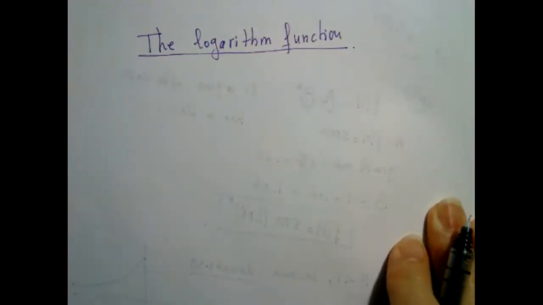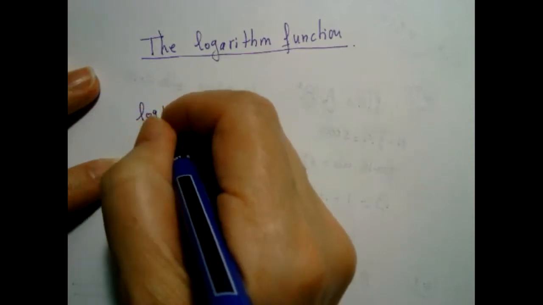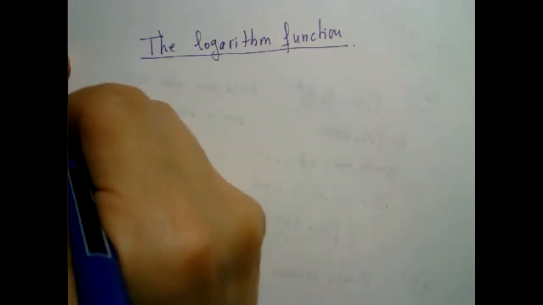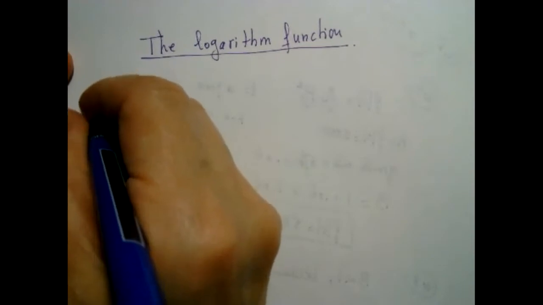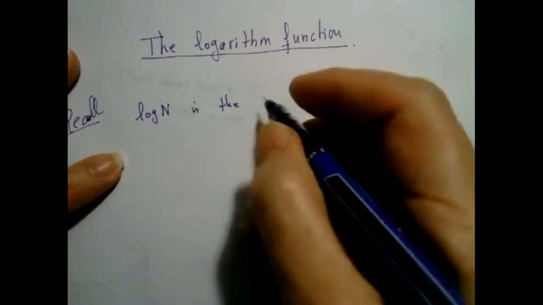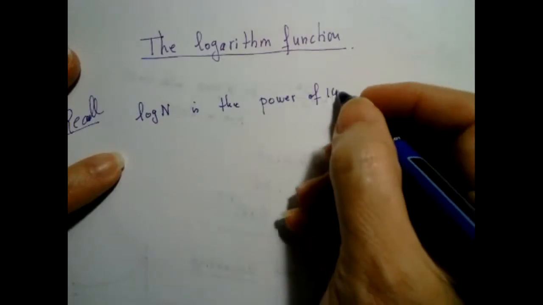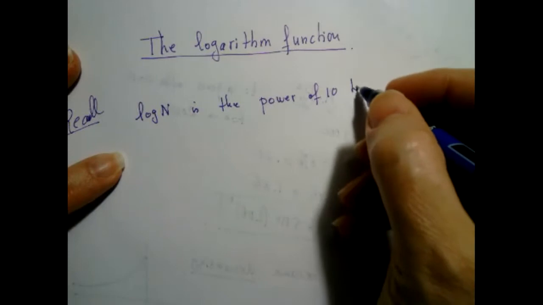Last time I introduced what we called the log of n. So let us recall. Log of n, we defined it to be the power of 10 that I should raise 10 to in order to get n back.